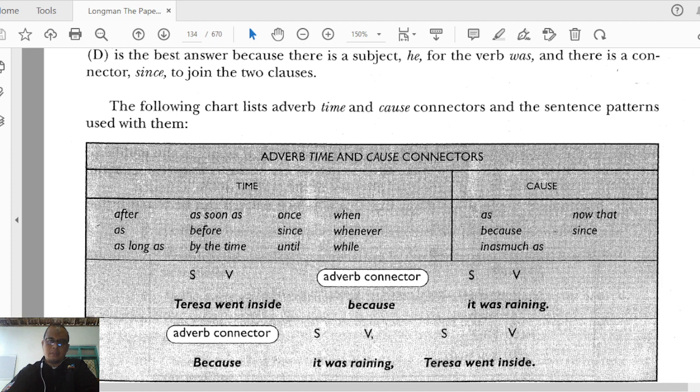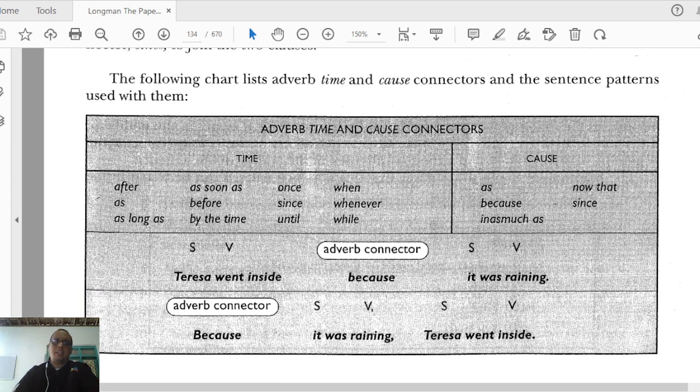Time clauses, kata-kata yang related with time, we have after, as soon as, once, when, as, before, since, whenever, as long as, by the time, until, and while. And then the words of cause, we have as, now that, because, since, in as much as.